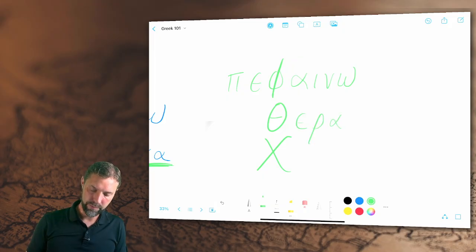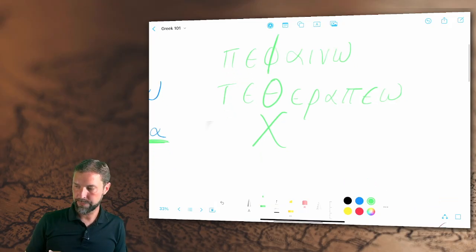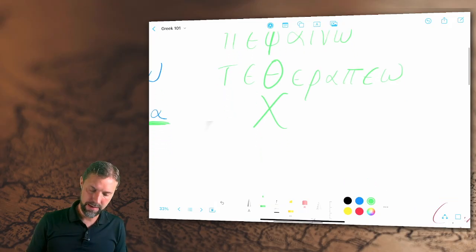Therapeuo, verb meaning heal, okay, what I would get is a tau on the front of it. And what I would get for a chi, in this case, we'll do chaomai, okay, what I would get on the front of that is a kappa.